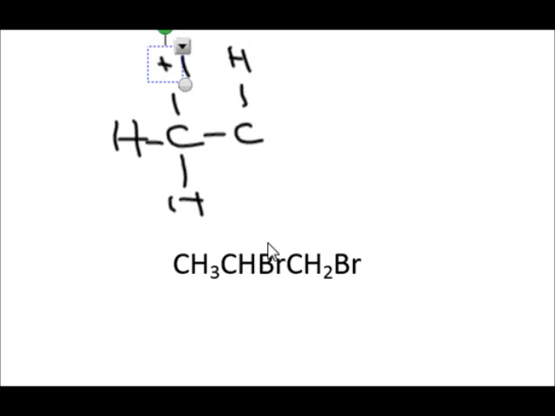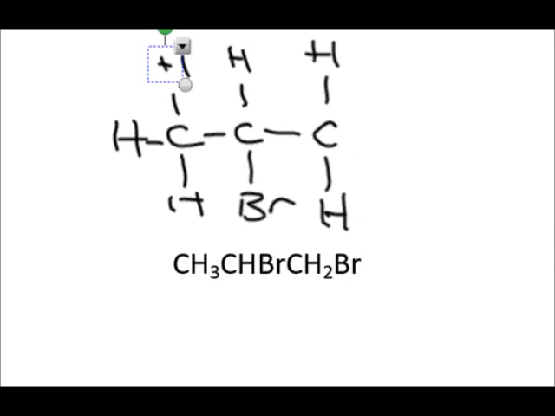We've then got a bromine also attached to this carbon, which is a bromo group. That's attached to a CH2. And so this second bromo group will be on this end. Now it's much easier to name, as we can see exactly which substituents are attached to which carbons.